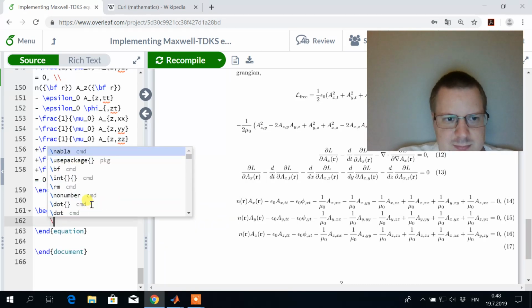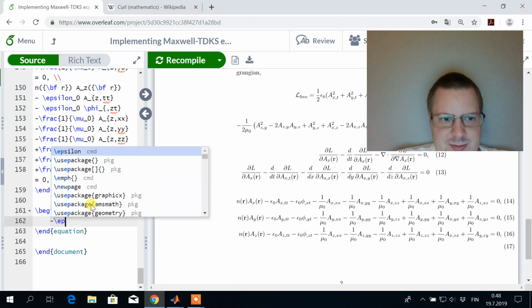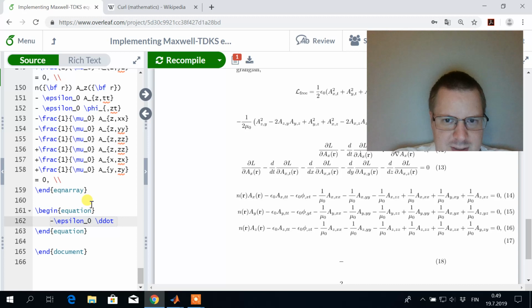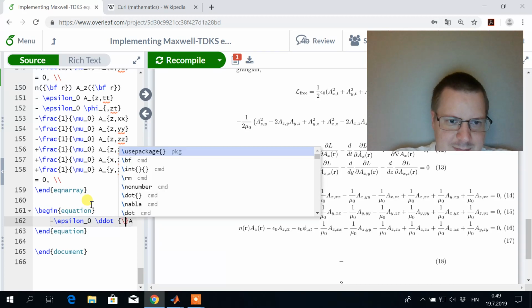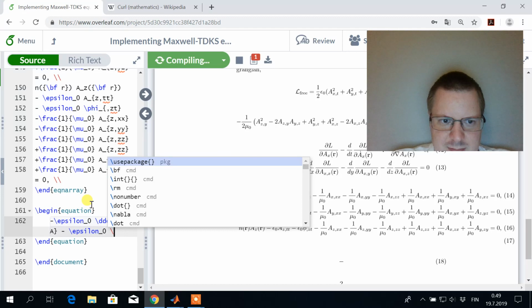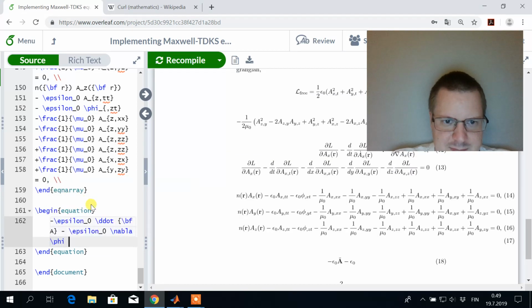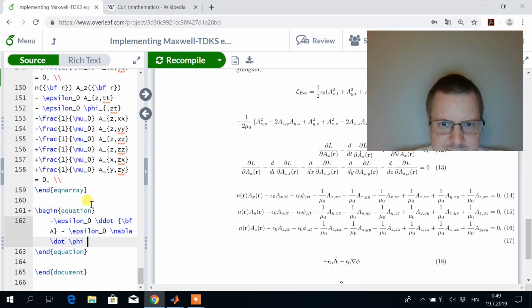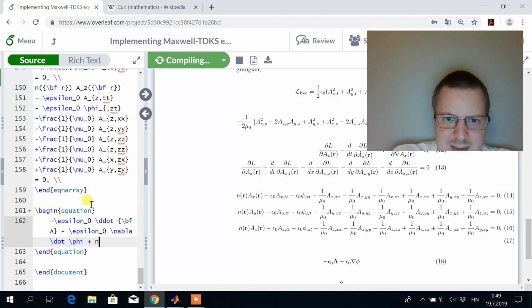So I think I also remember this from somewhere. So essentially, let's just write it open. So we have a second derivative of a, like so, minus epsilon 0 nabla phi and dot time derivative, and then we have the n, the weird term.